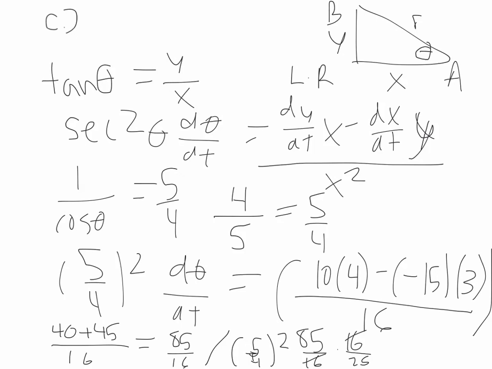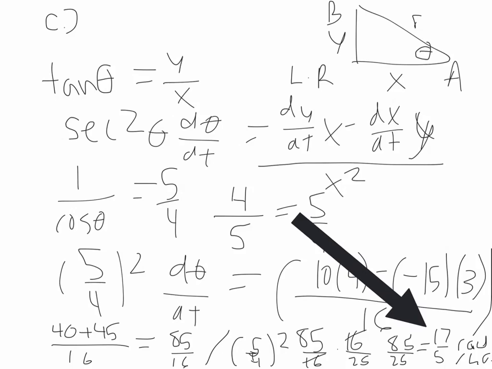You can cross out the 16s. 85/25 equals 17/5 simplified, radians per hour. Radians per hour, or as I abbreviated, rad per hr. You want to remember to always put units. So your answer will be 17/5 simplified.